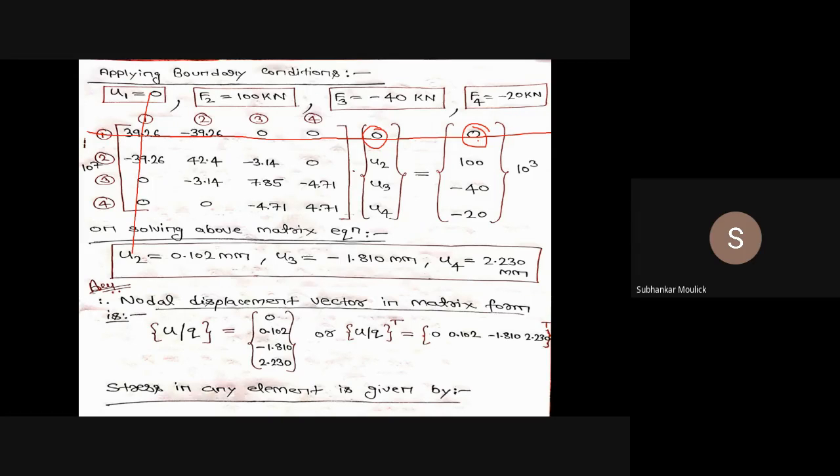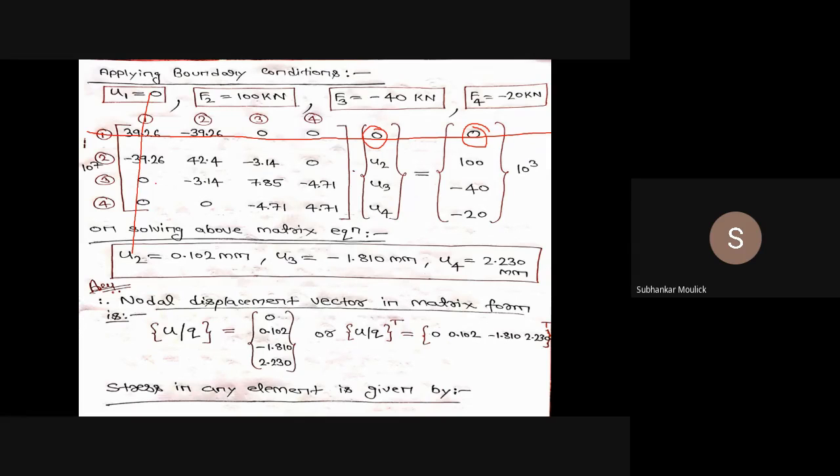If the output is 0, I don't need this equation. So the Gauss elimination method says that you have to remove that equation. So I am removing row 1 and column 1.